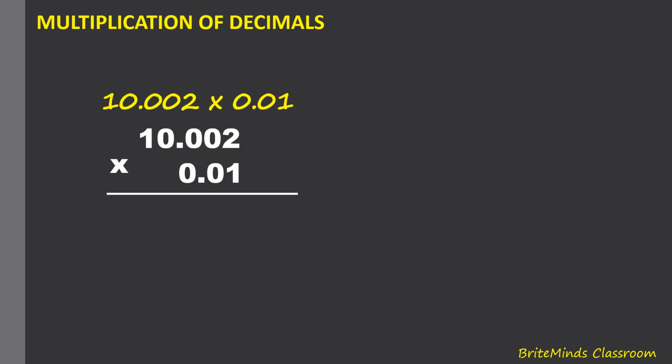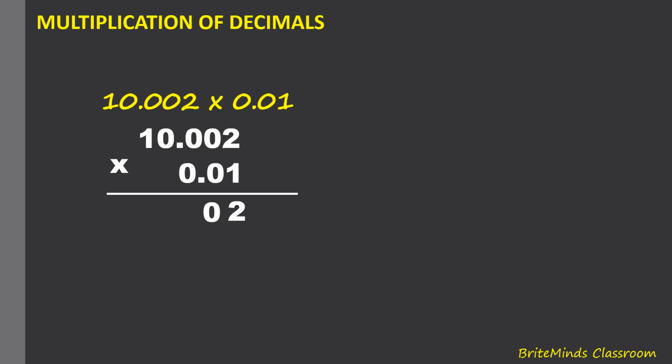So we're going to start with the last digit of the multiplier, which is 1. 1 times 2 is 2. And then 1 times 0 is 0. So remember this, students: any number that is multiplied by 0 is equal to 0.